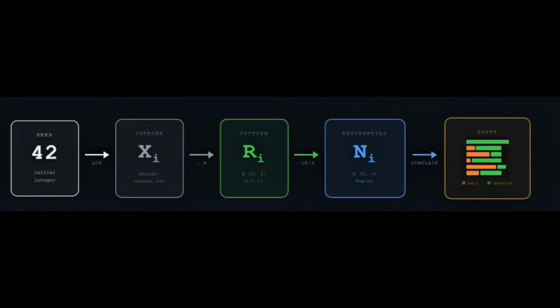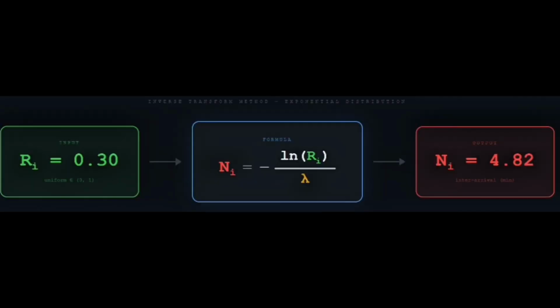And our complete trip was: we started with the number 42. Through the linear congruential generator, the inverse transform and the exponential distribution, that number became 200 patients arriving, waiting and being attended during 13 hours in a simulated emergency room. The exponential distribution earned its place in this pipeline for 3 reasons.